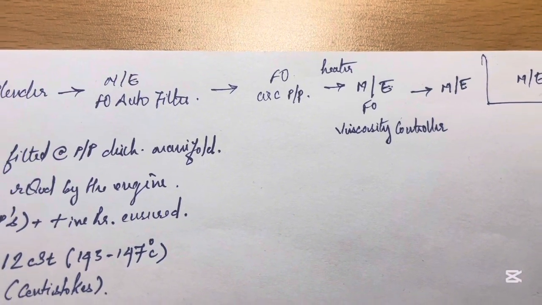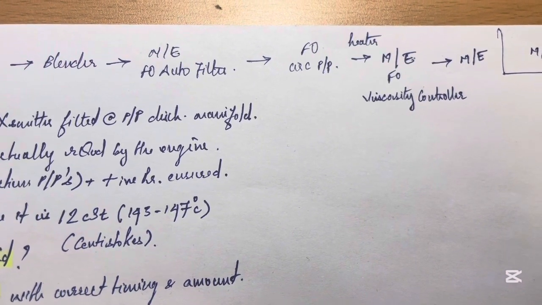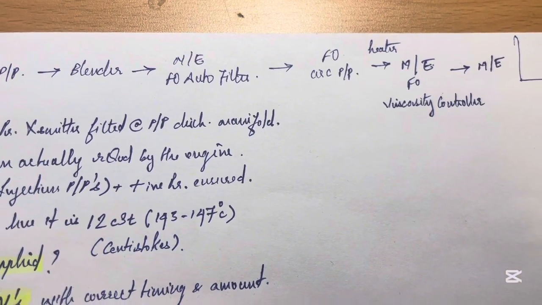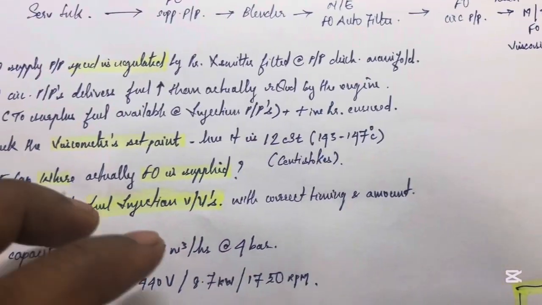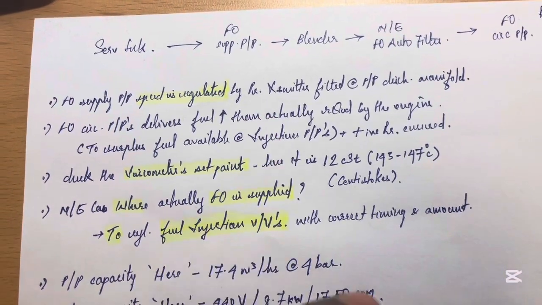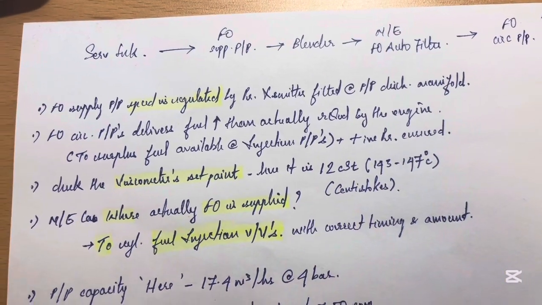The viscosity controller regulates the heating of that particular oil so as to maintain the viscosity. On my ship, the fuel oil supply pump speed is regulated by a pressure transmitter fitted at the pump's discharge manifold.